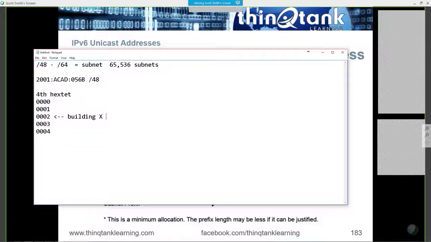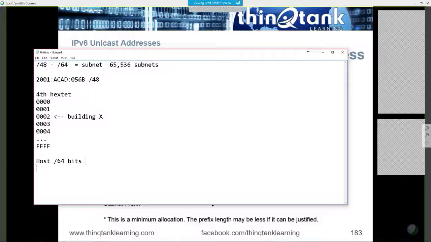And by the way, you can go all the way from 0004 all the way up to what? FFFF. Make sense? So the network ID actually is broken down into just 4 hexadecimal numbers. Then the host portion is the last 64 bits.